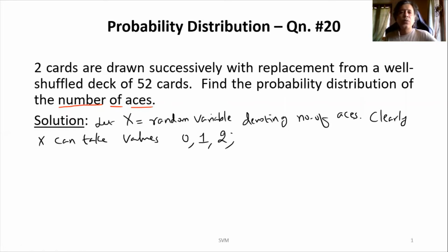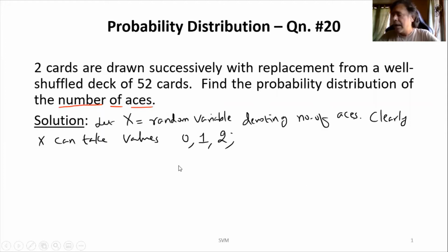Now we have identified the values of X. Next I have to identify the probability of X taking the value 0, the value 1, and the value 2.